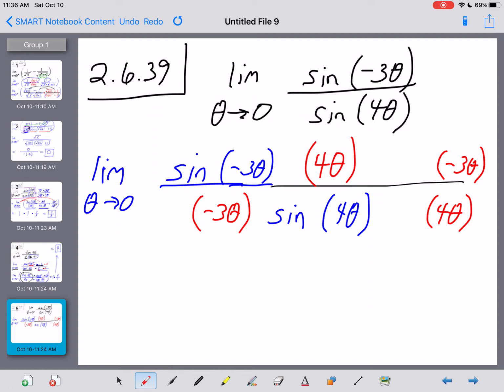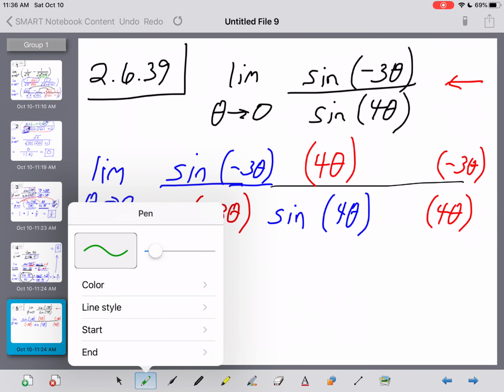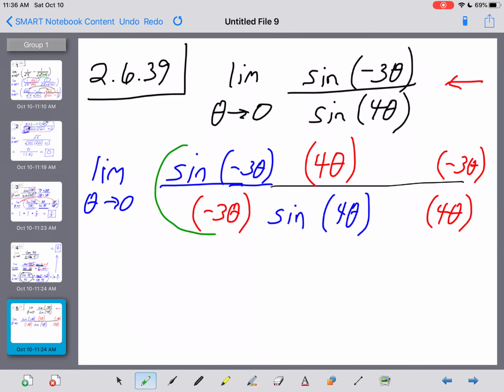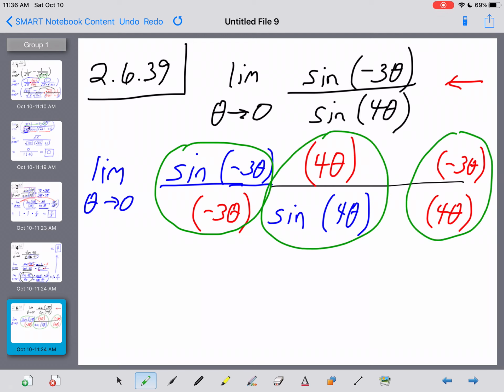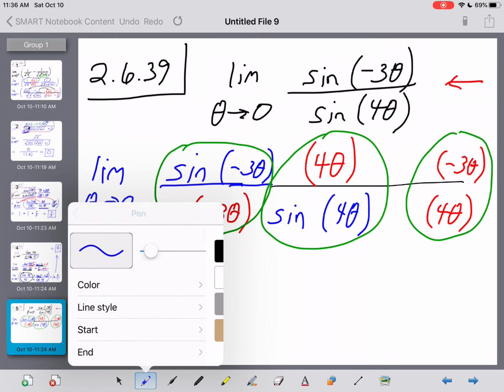So what hopefully you're seeing in blue matches the original problem, and in red, everything that we've done, we've done the same thing on the top and the bottom, so we're in pretty good shape. Now we can evaluate this limit times this limit times this limit, and I don't think this is going to be all that bad.